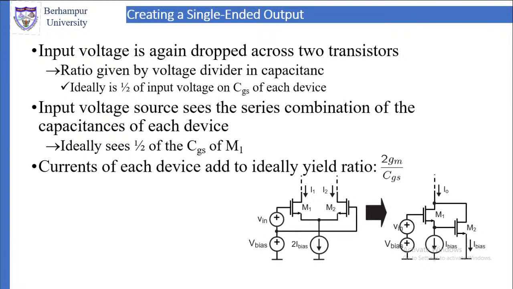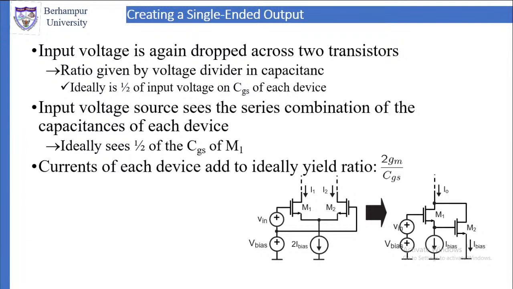Now, let us look at how to create a single-ended output. The input voltage is dropped across the two transistors, because they are in difference mode.